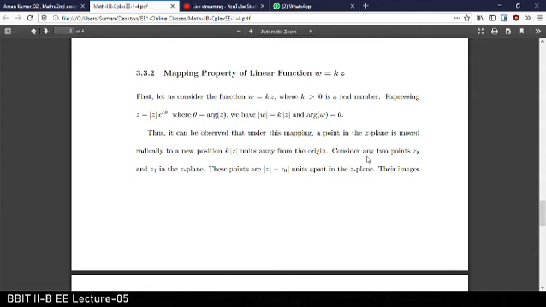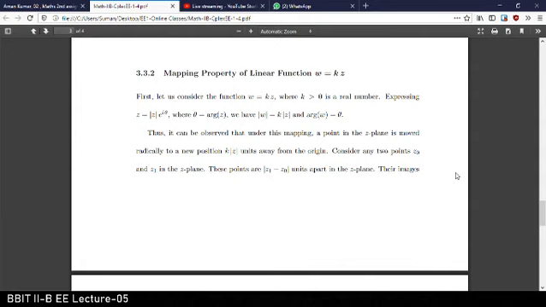Consider any two points z0 and z1. The modulus of z1 minus z0 will give the distance between these two points in the z plane. In the w plane, what will be the distance? It is modulus of kz1 minus kz0.